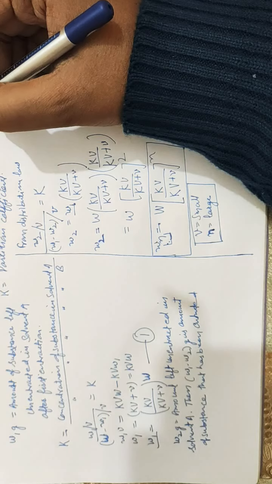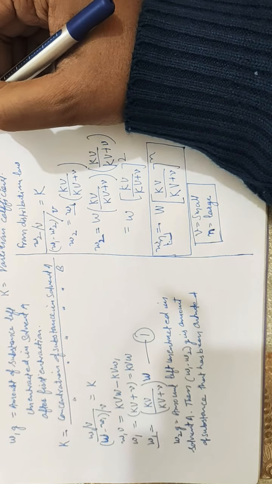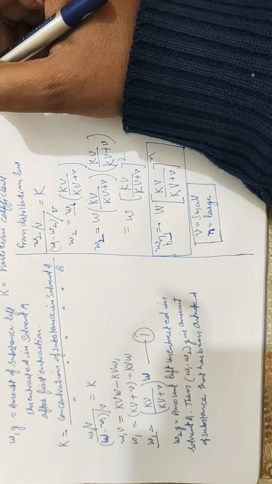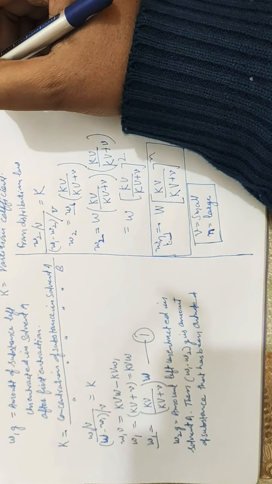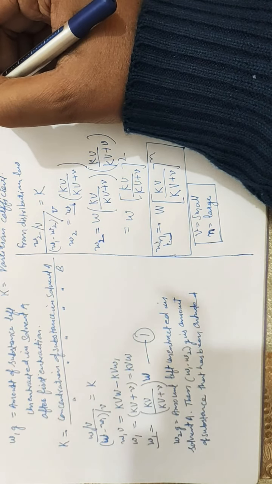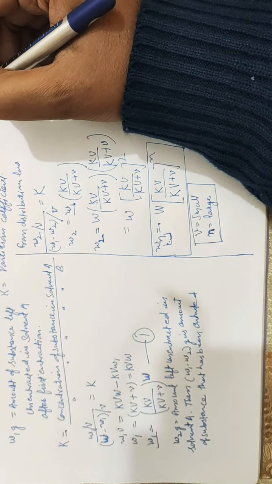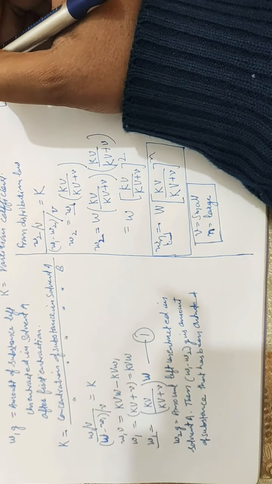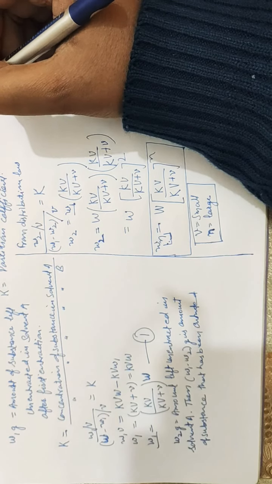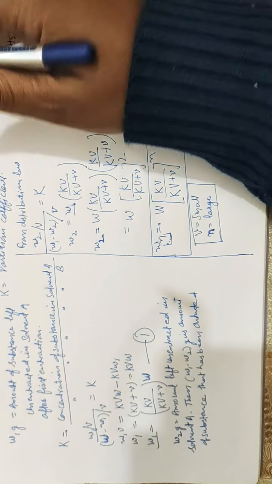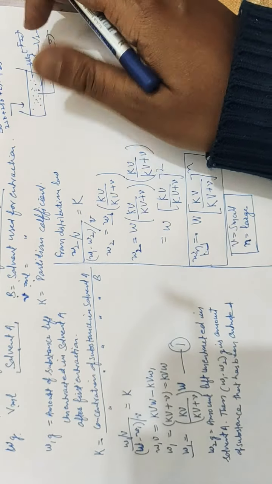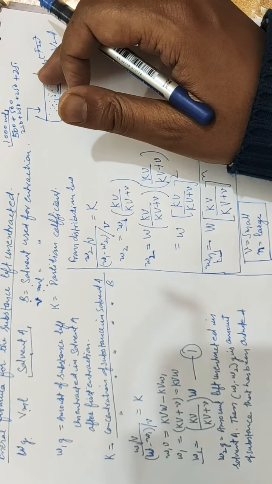As in the last lecture I told you, 1000 ml of extracting solvent is given. For a single step we considered 1000 ml, and for multi-step we said it was used in lots of 500, or 250 plus 250 plus 250 plus 250. Here it is 250 plus 250 plus 250.